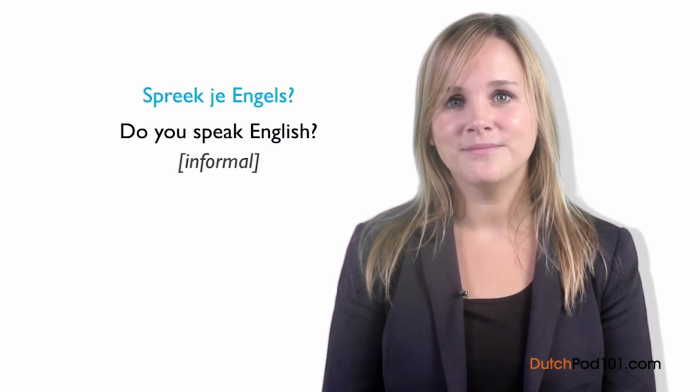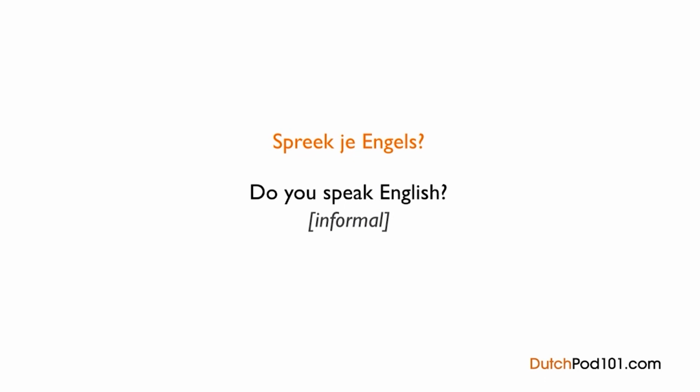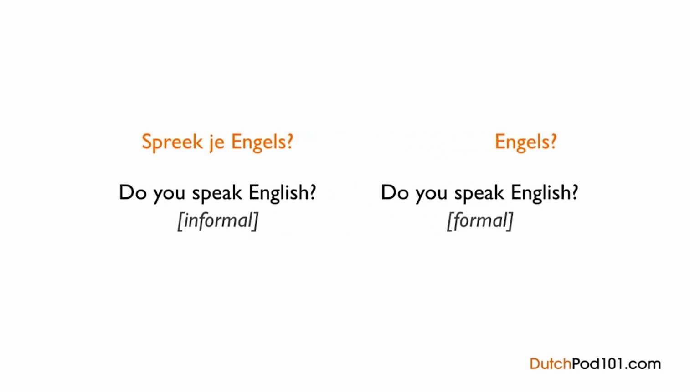Spreek je Engels? To learn how to use different verbs, like spreken, please look at our Absolute Beginner series on DutchPod101.com. You can find very detailed grammar lessons and resources there. We're now going to make this sentence formal. First, we need to use the formal version of you, which is u. If we change the word for you, we will say the verb differently.